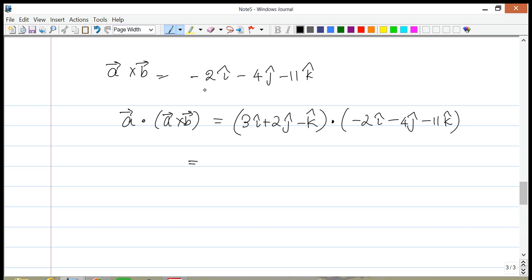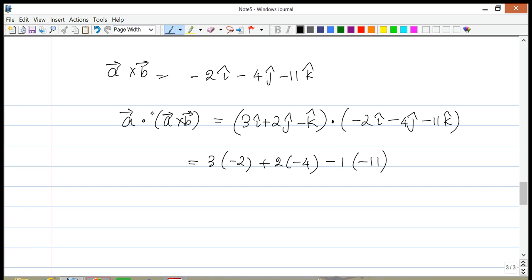When you do the dot product, it's very simple. You simply multiply the components, so it becomes 3 times minus 2 plus 2 times minus 4 minus 1 times minus 11.